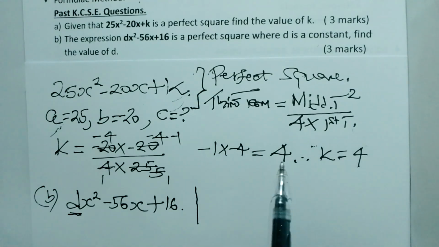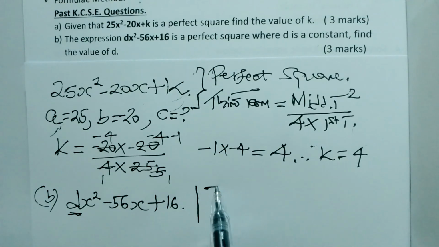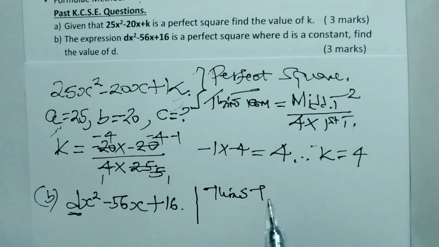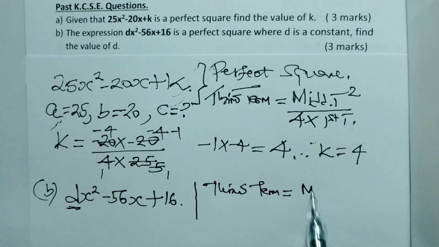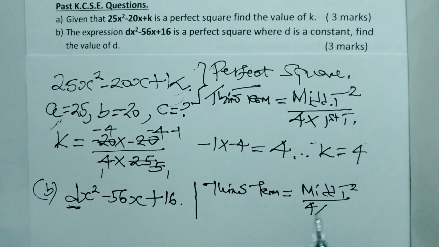As we have seen on top here, the third term is given by the middle term squared over 4 times the first term.